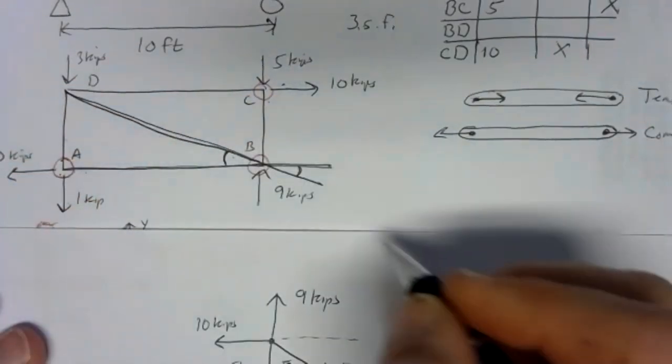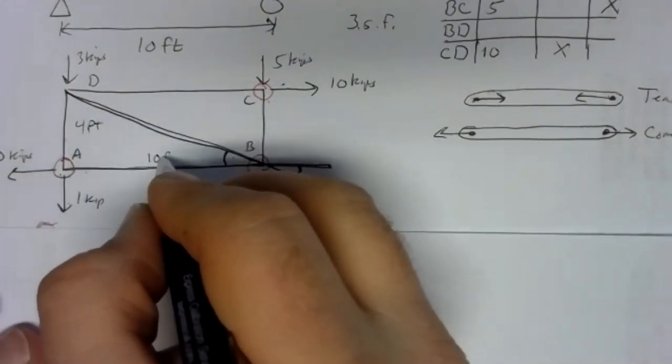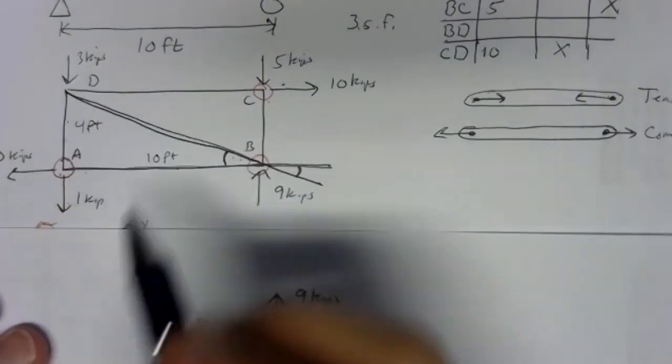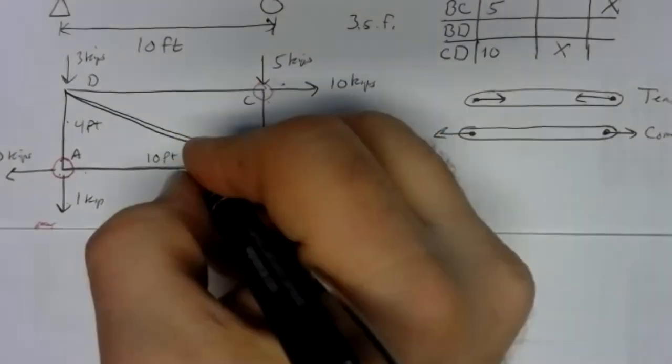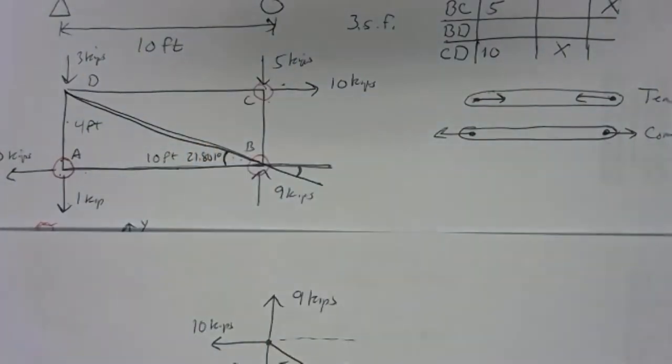That right triangle right there has a height of 4 feet and a base of 10 feet. So we can use the inverse tangent of 4 over 10 to get the angle, and that'd be 21.801 degrees.